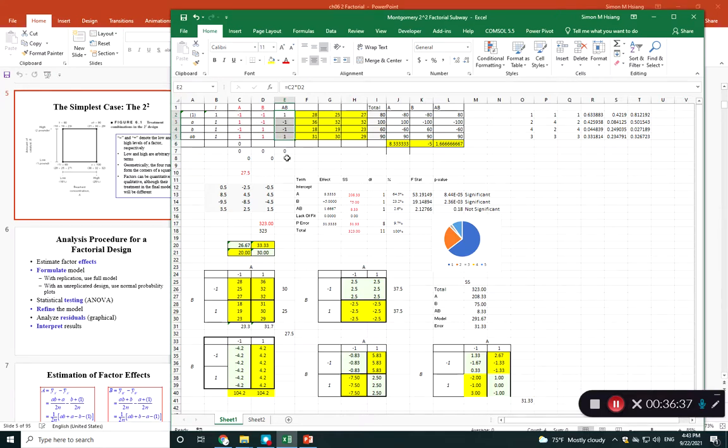Okay, now the next thing I want you to think about. Using the sum product between any two contrasts, you'll find that the sum product of any two contrasts, no matter A times B, or A times interaction, B times interaction, they are all going to be 0. So whenever the sum of the contrast equals 0 and the sum of the product of the contrasts equals 0, there's a term for this.